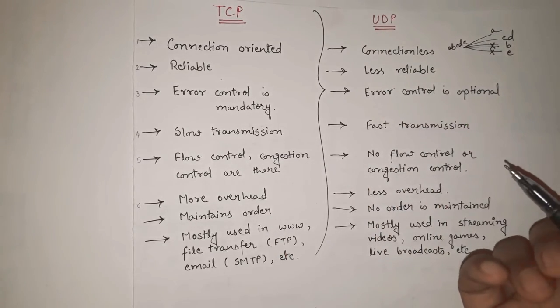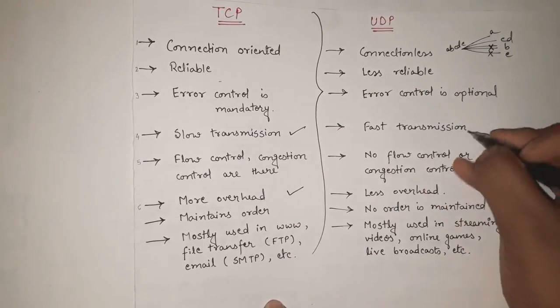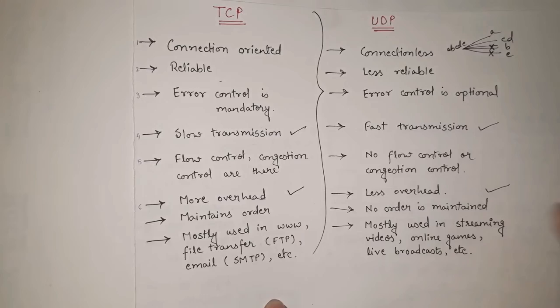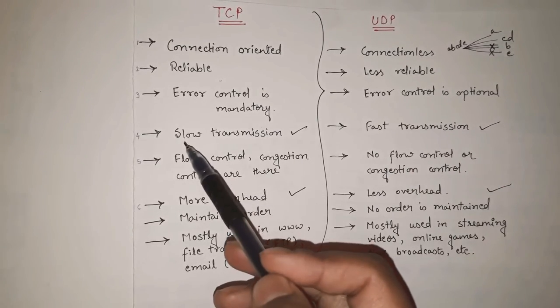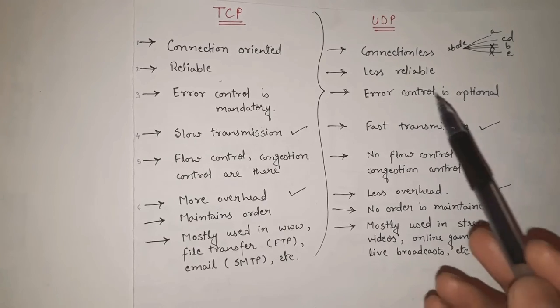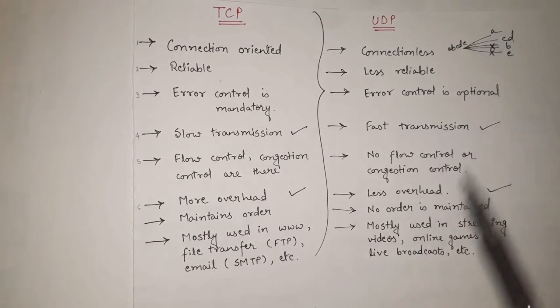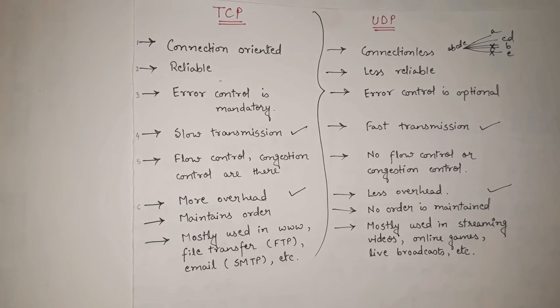Now what is the reason? You can take the reason of this one and this one as the same, that in TCP comparatively slower transmission and more overhead is there, whereas in UDP fast transmission and less overhead is there. So what is the reason?